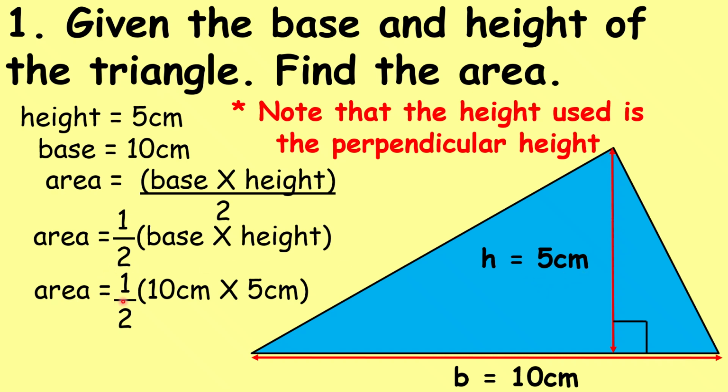Once we substitute into this equation, it is half times 10 centimeters times 5 centimeters. So 10 centimeters times 5 centimeters is 50 centimeters squared, and when you divide it by 2, you have 25 centimeters squared. Therefore, our area is 25 centimeters squared.